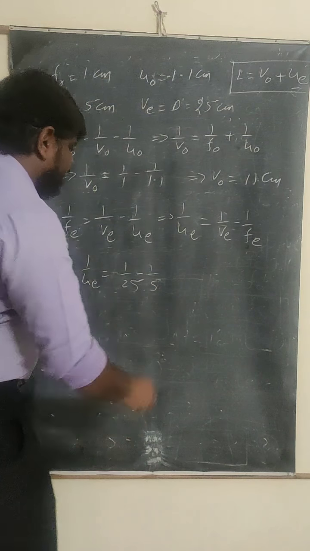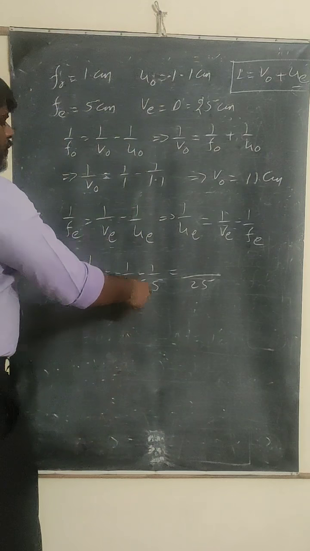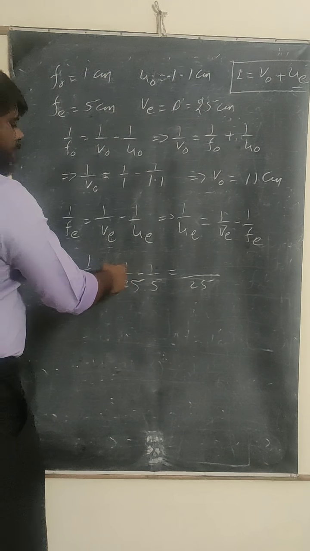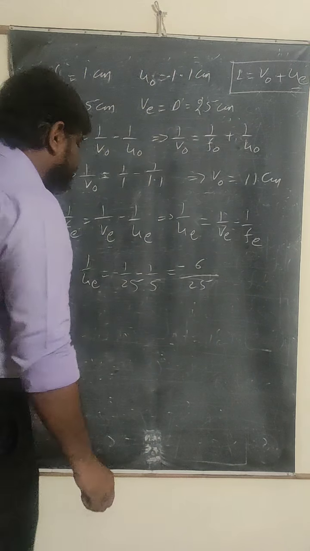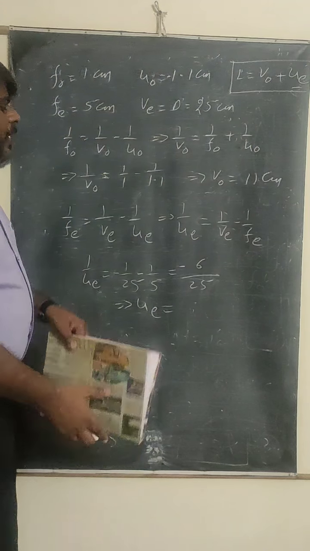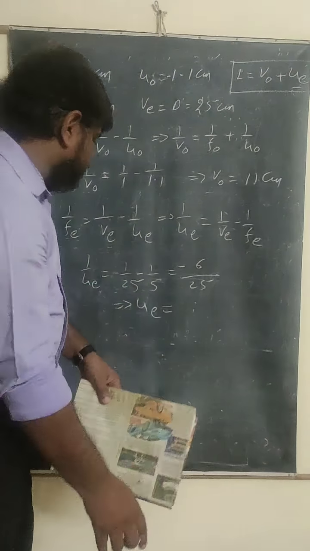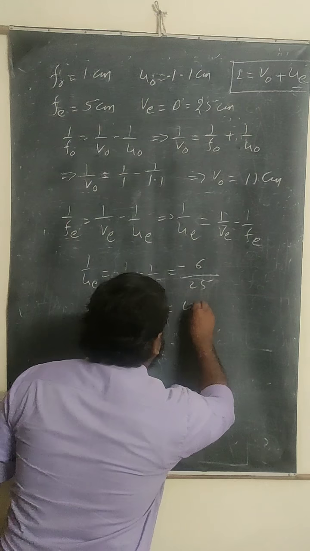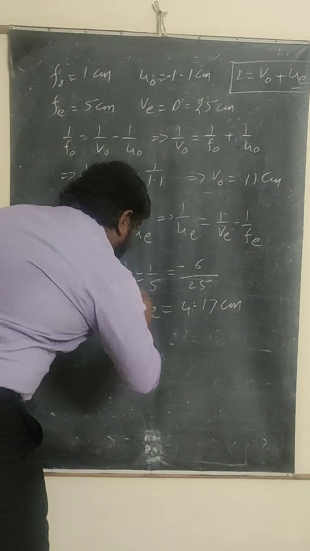Taking 25 as the LCM, it will be 1 minus 5, which gives minus 6 by 25. So UE is equal to 4.17 centimeters. This is the UE value.